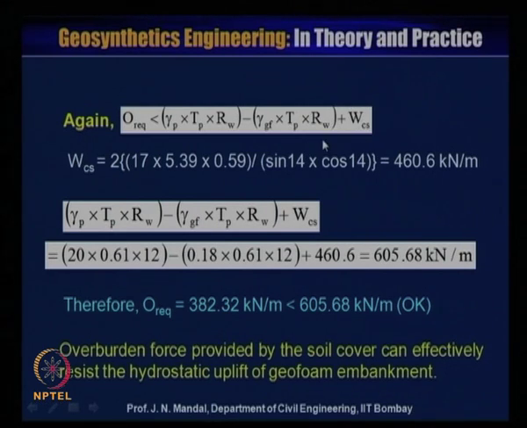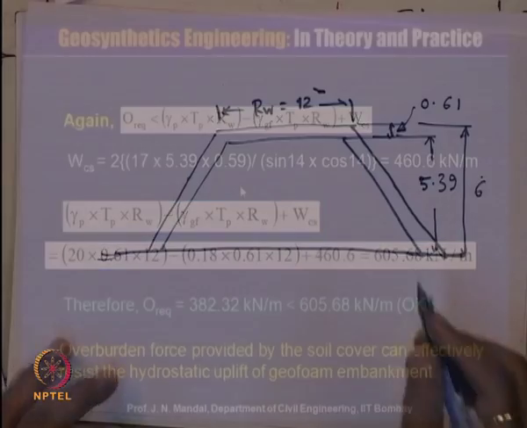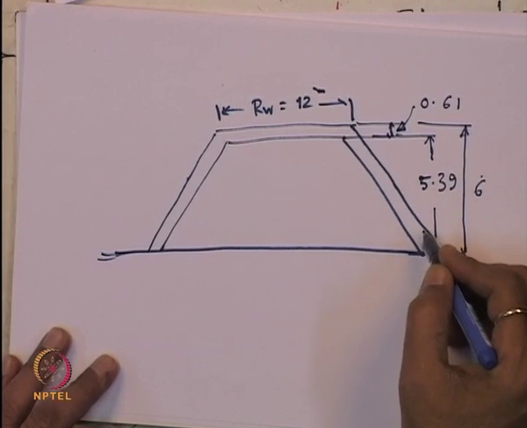So, here that W of CS, how you can calculate the weight of the covered soil. For the weight of the covered soil, I can show you how this weight of the covered soil WCS has been determined. So, this is the covered soil.